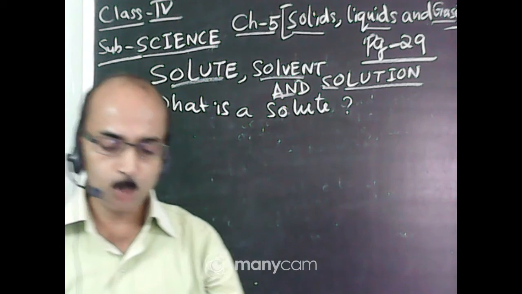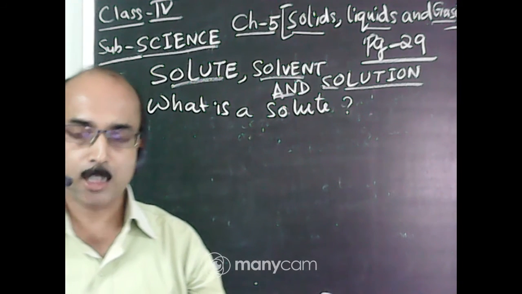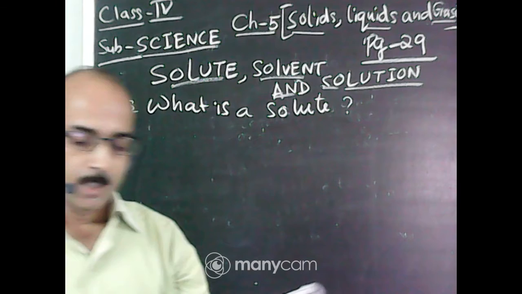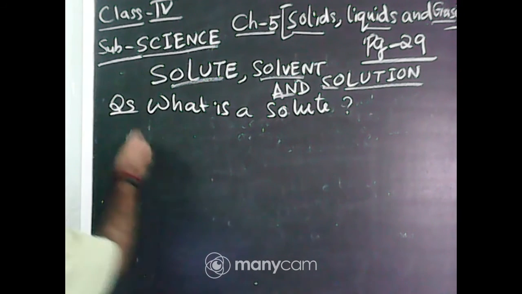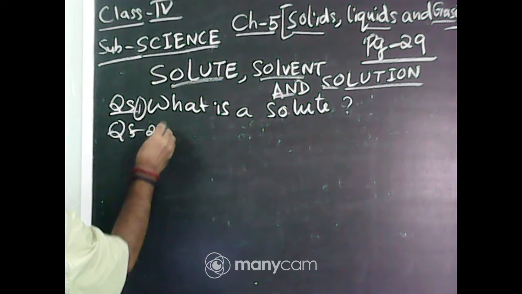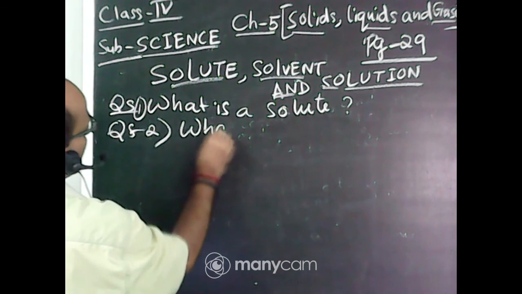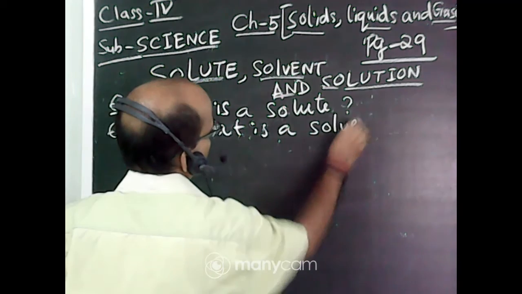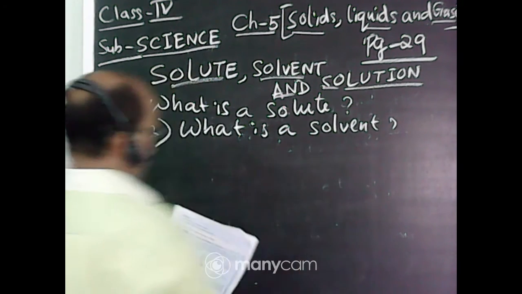So what is a solute? The substances that dissolve in a liquid are said to be soluble in that liquid and are called solutes. Then what is a solvent? Another question, you can write down only the question. What is a solvent?